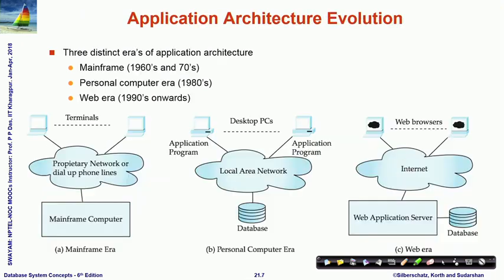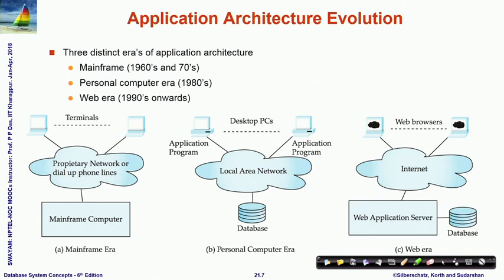Historically, here we are showing 3 phases. Initially in the 60s and 70s, when the first database applications started, the interaction was text based from the terminal, connecting directly to the mainframe computer where the data existed, through a direct connection, dial-up phone or proprietary network.